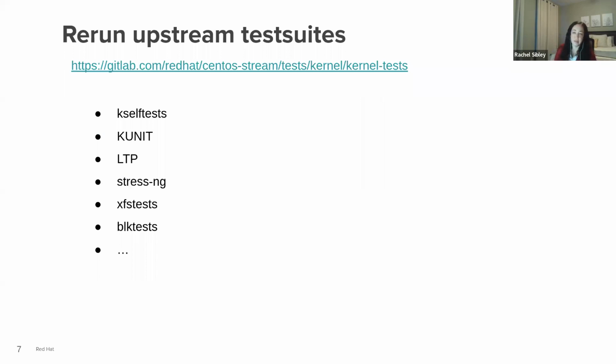So for the Red Hat in-vehicle operating system, it's important to us to also take these same upstream test suites that are rerun downstream and rerun them for Red Hat in-vehicle operating system. And again, all of these tests are located in our CentOS Stream repository under kernel tests, if you're interested.